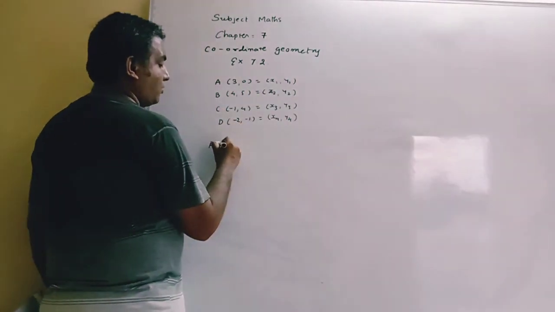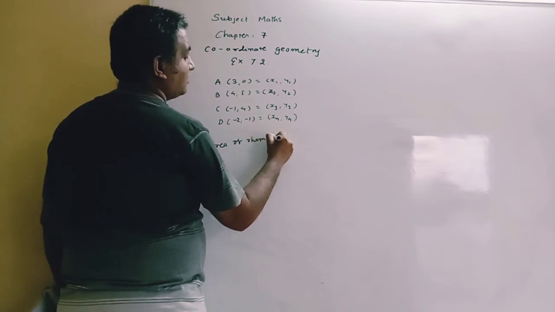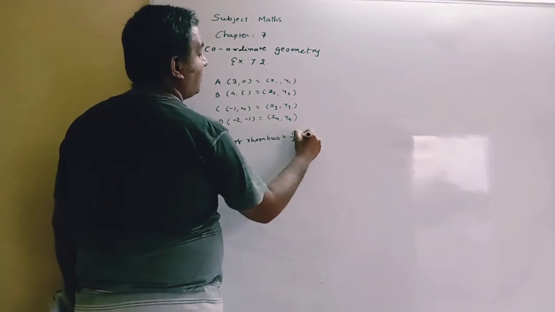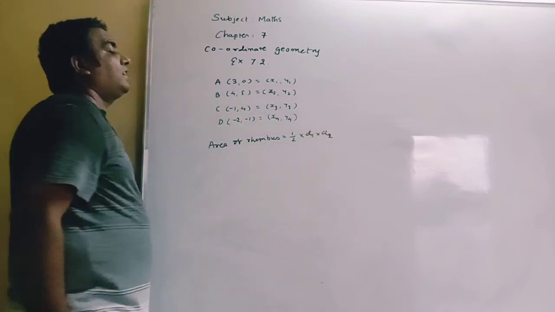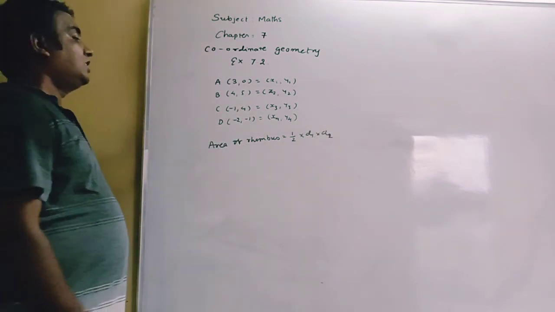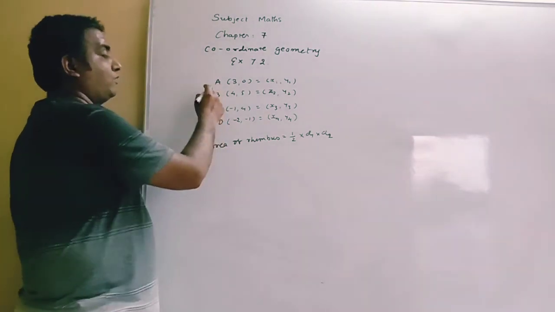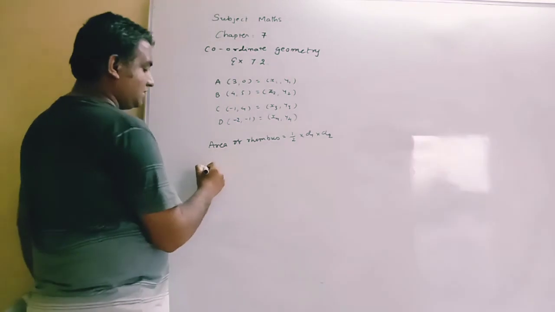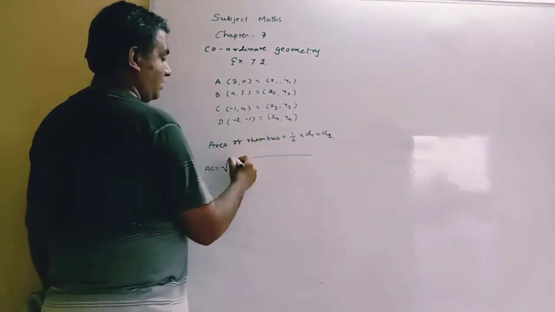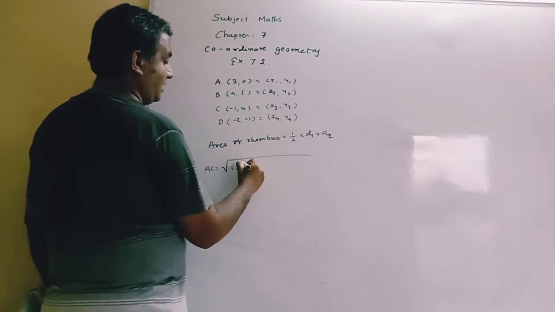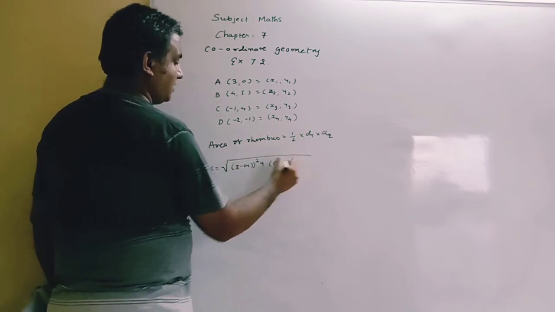So the area of a rhombus formula we know: 1/2 d1 into d2, where d1 and d2 are the lengths of diagonal 1 and diagonal 2. So here the length of diagonal AC and the length of diagonal BD we want to find. AC length we find with the distance formula: AC equals under root (3 minus minus 1) square plus (0 minus 4) square.